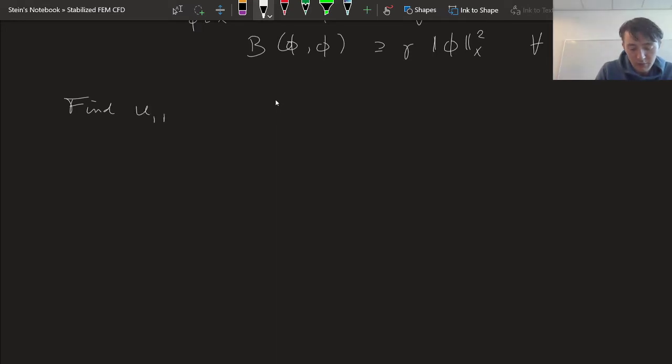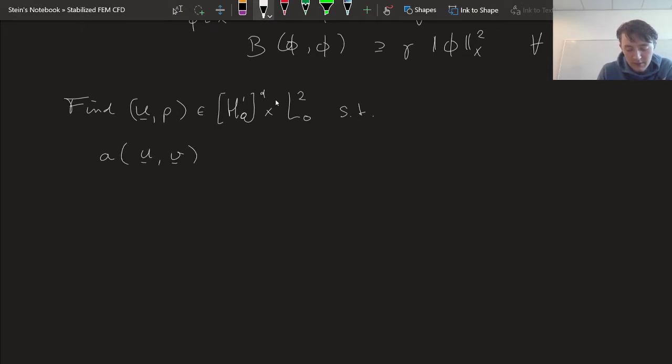So find u and p, that solution pair, in H1 0 D, and I'll actually use zero boundary conditions. So the space of vectors with first derivatives that are zero on the boundary, times L2 0, the functions in L2 that have an integral that is equal to 0, such that we have a of u comma v plus b of v comma p, I'll write it like this.